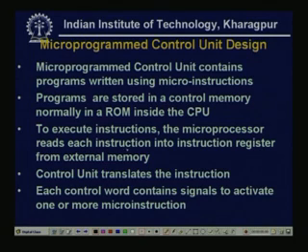Then the control unit translates the instruction. Each control word contains signals to activate one or more micro instructions. After translating this instruction, the control unit activates the control signals for what particular operations are to be executed.